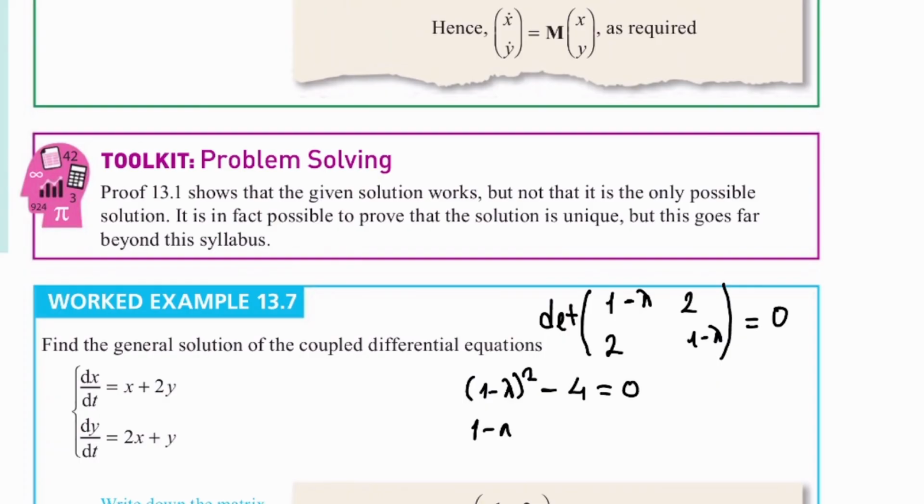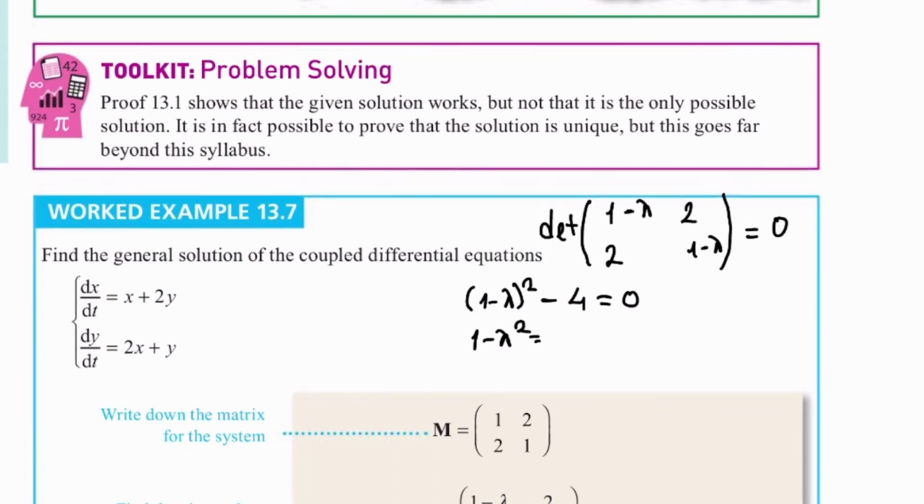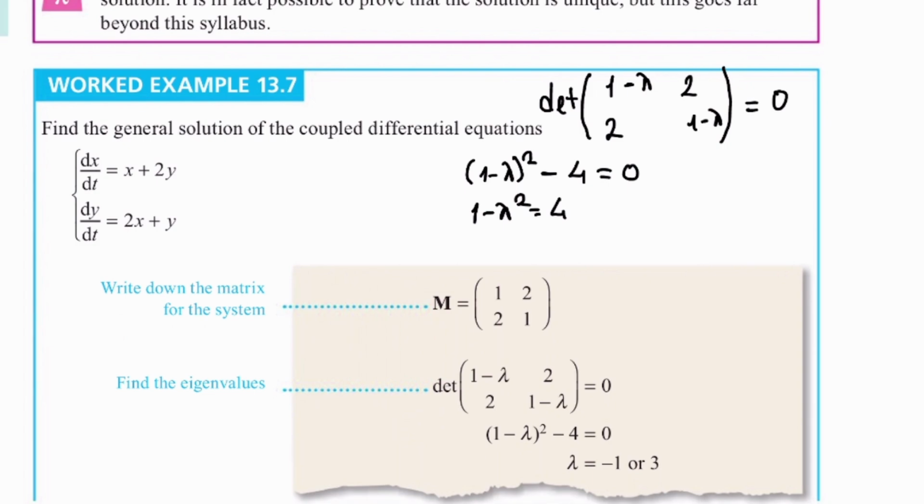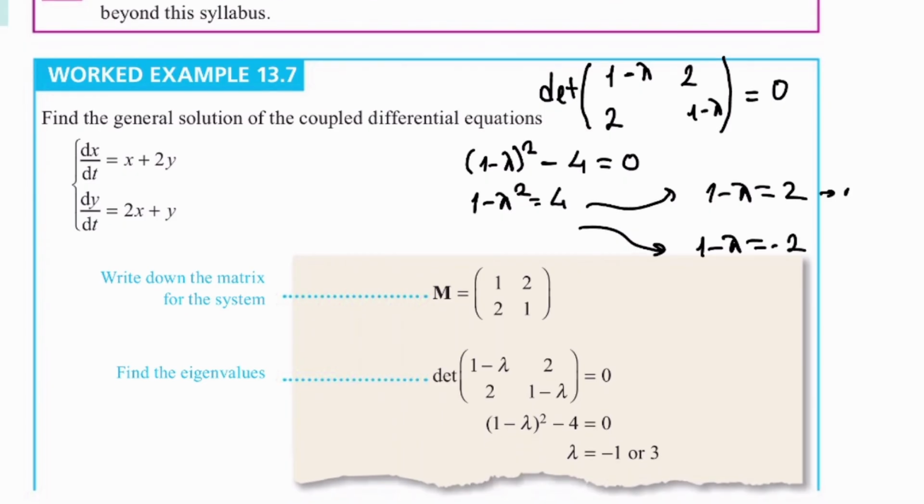So (1 minus lambda) squared equals 4. Then 1 minus lambda equals 2, or 1 minus lambda equals minus 2, so lambda equals minus 1, and lambda equals 3. So these are our eigenvalues, lambda 1 and lambda 2.